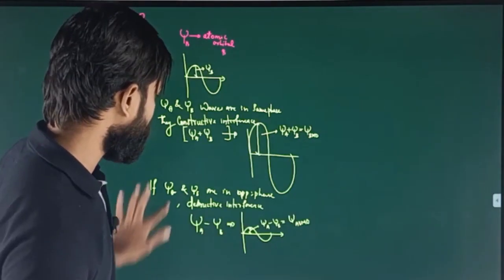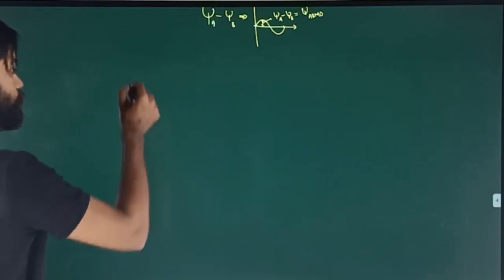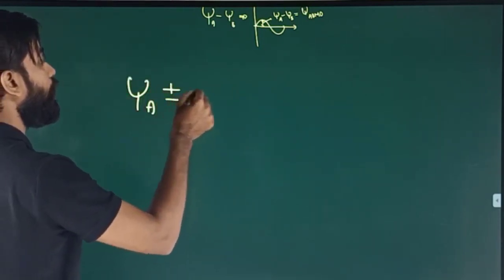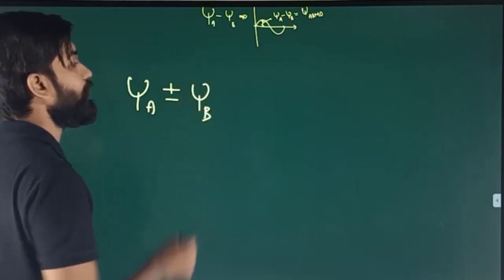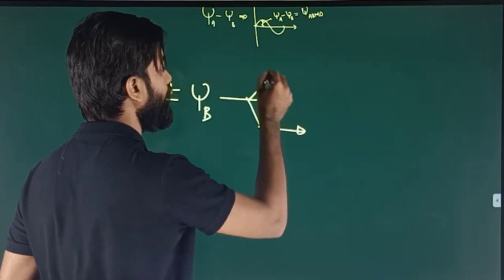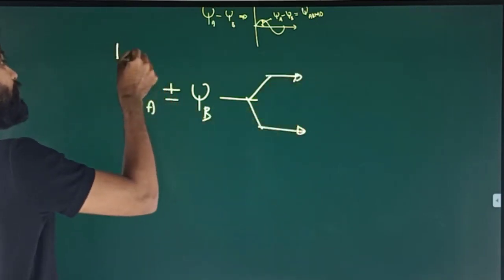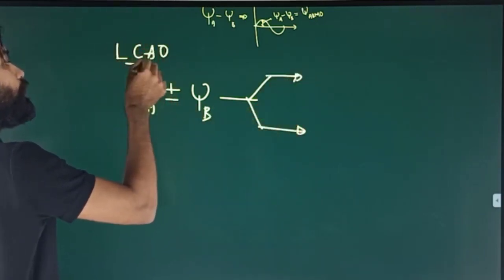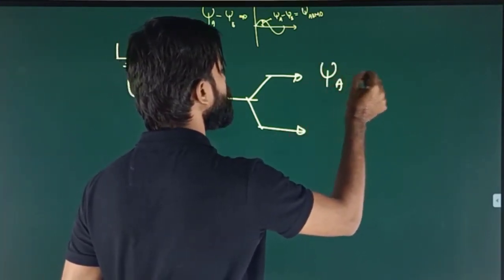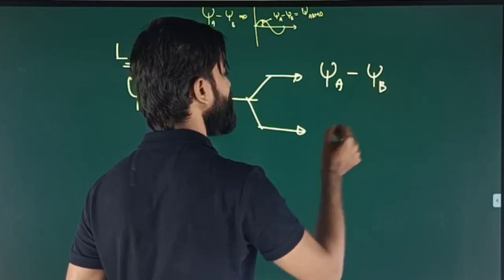So generally, it is clear that when two wave functions or two orbitals are combined, there will be a chance for additive and subtractive combination, and this combination is said to be the linear combination of atomic orbitals.